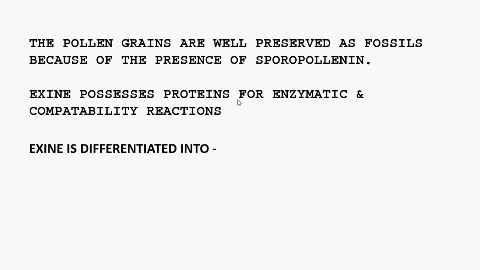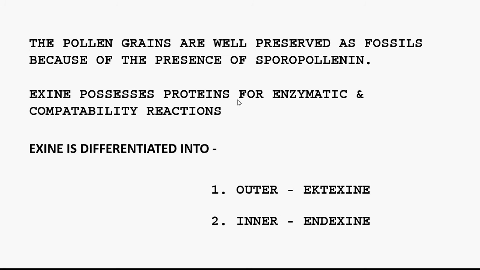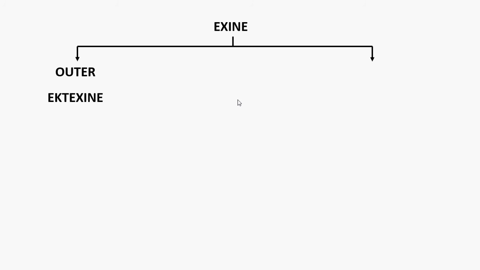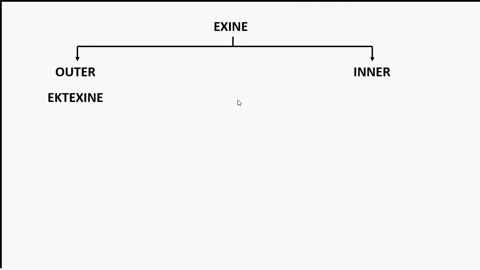Exine is differentiated into outer ectexine and inner endexine. Let's see the flowchart of this differentiation of exine. Exine is differentiated into outer ectexine and inner endexine.